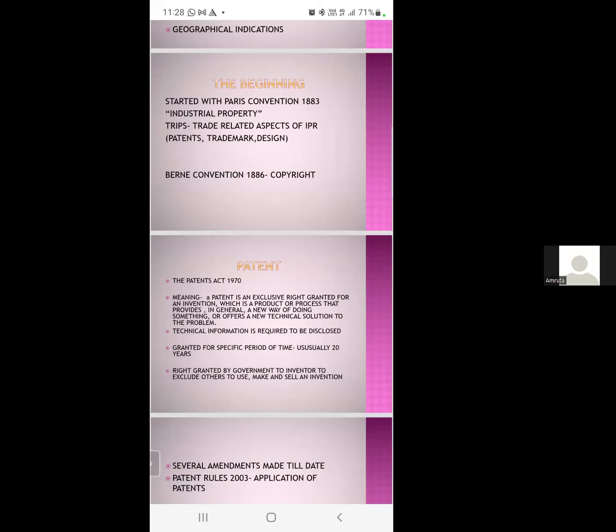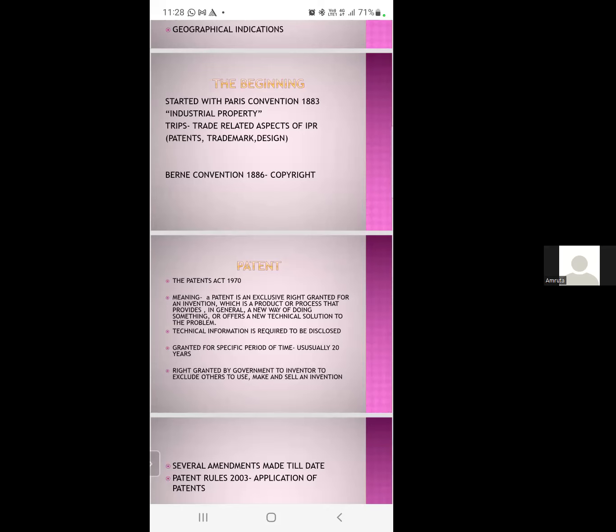This is the main purpose of documenting your process or product, so that no one else can use it. However, there is a risk that if your patent gets rejected or expires, this information is available to the public at large, and people can use it for their own purposes. Okay, so this is the patent.